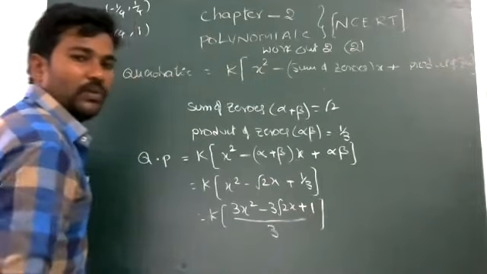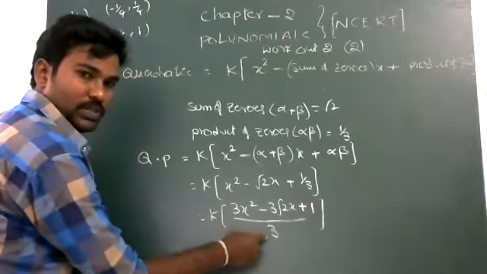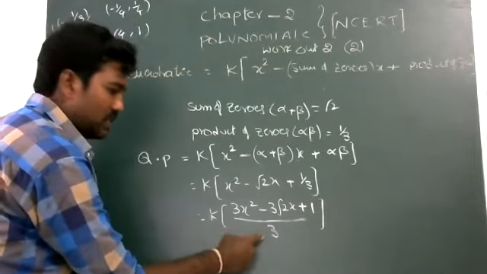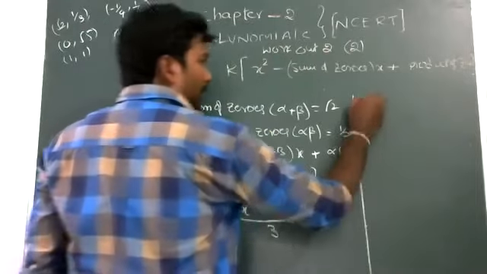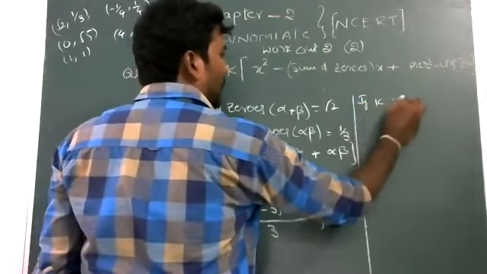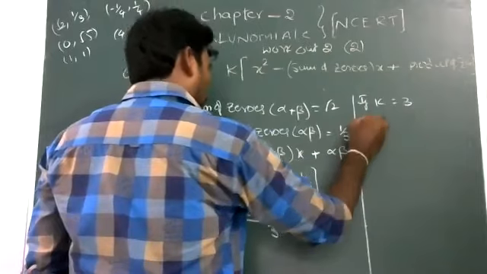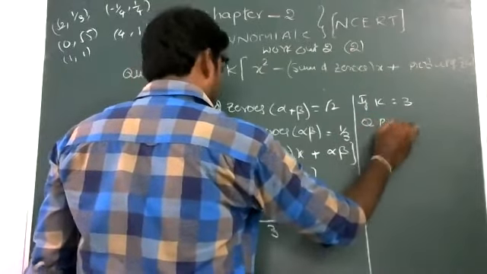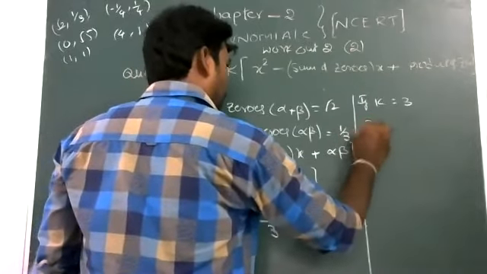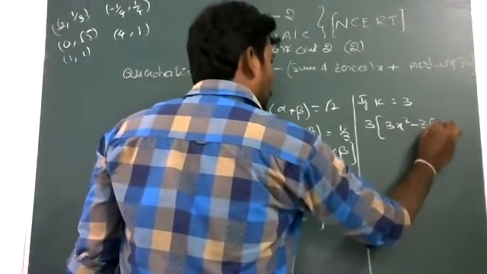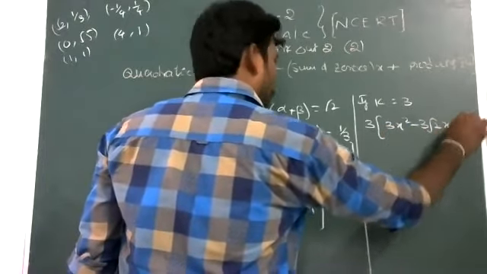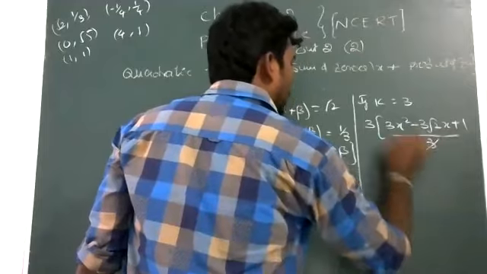Here, what is the k value? Always you choose this number. If k equals 3, so that implies the quadratic polynomial equals 3 into (3x square minus 3 root 2 x plus 1) by 3. 3 gets cancelled.